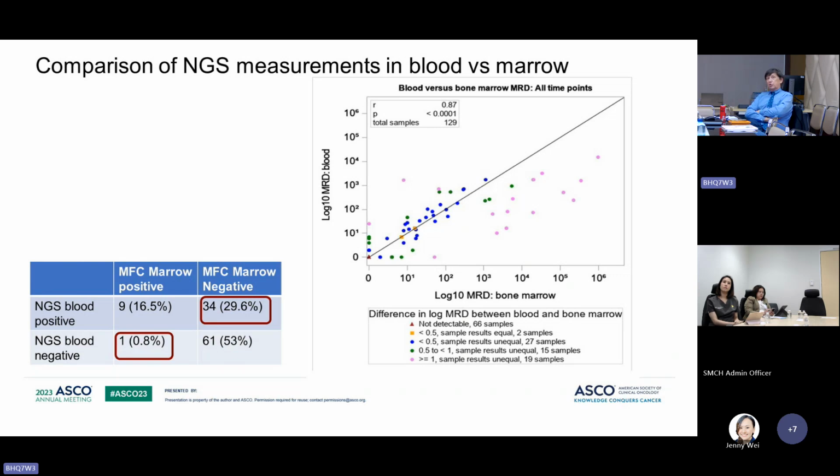Once you establish that the blood and the bone marrow are pretty equivalent, because the bone marrow is part of the vascular space, a lot of people forget that when your blood goes to the bone marrow, your blood marrow comes out. So for many of these assays, we can show that you could just sample the blood longitudinally and then be able to say, I can monitor the disease response.